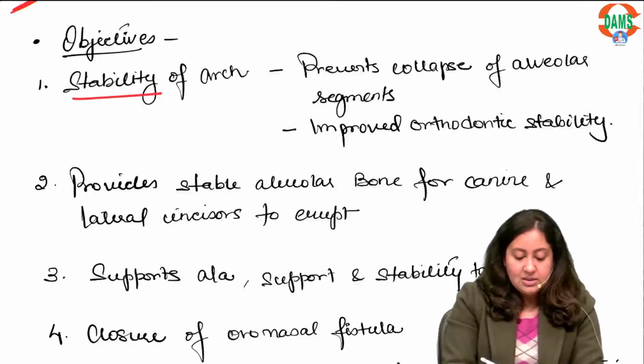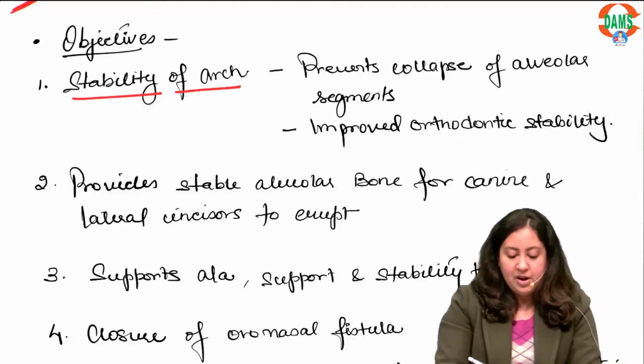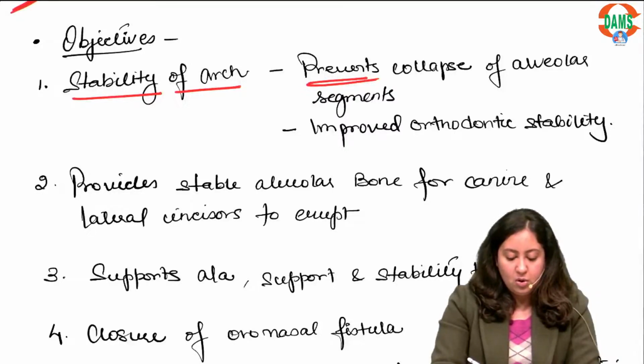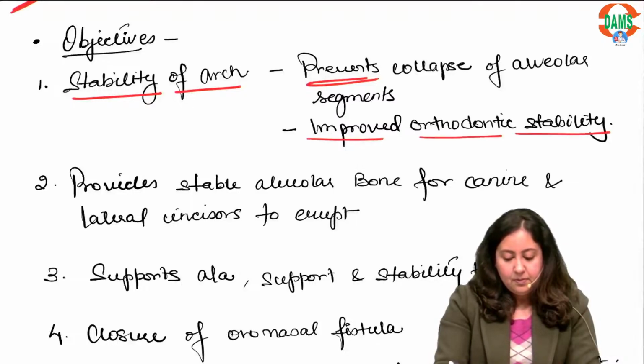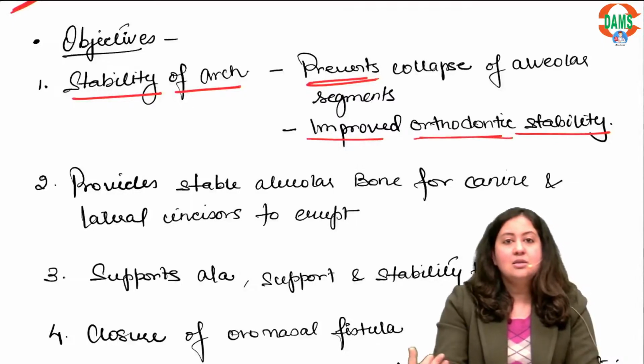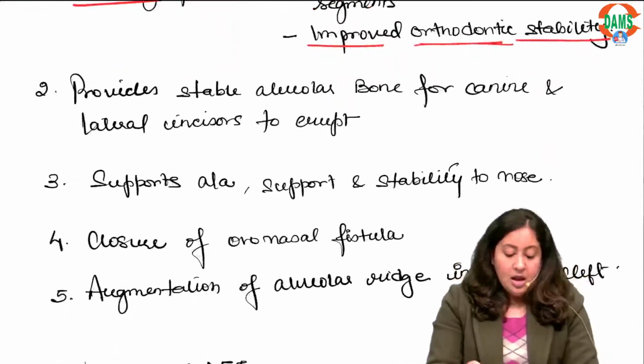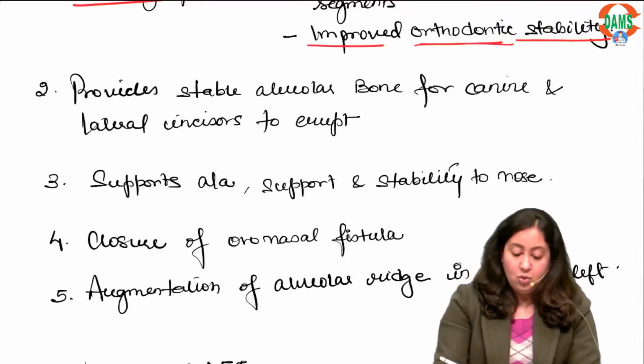The first one is stability of arch. So it prevents collapse of alveolar segments and it improves orthodontic stability. So basically support of the arch. It provides stable alveolar bone for canine and lateral incisors to erupt.